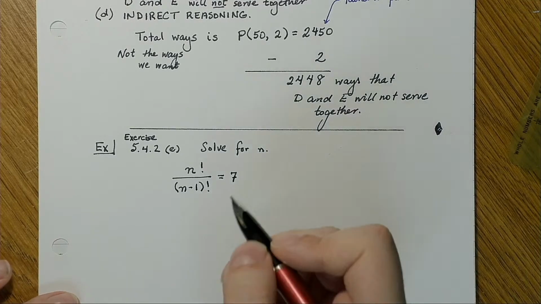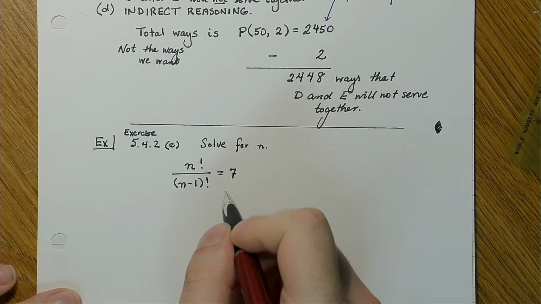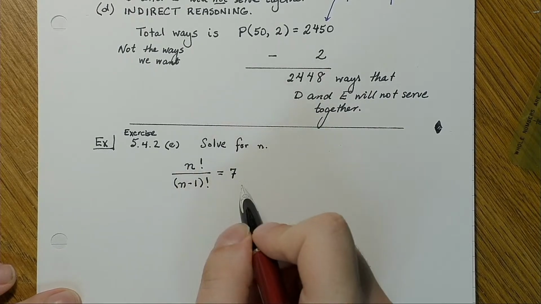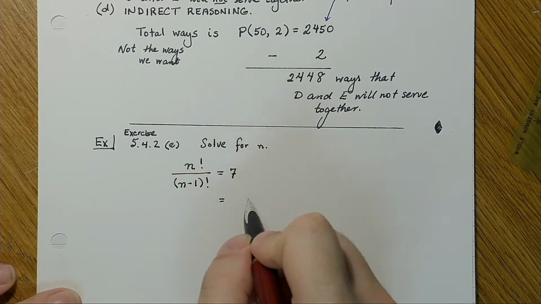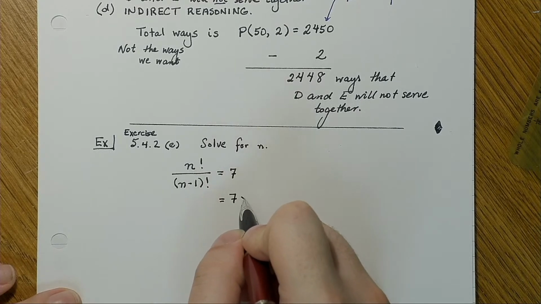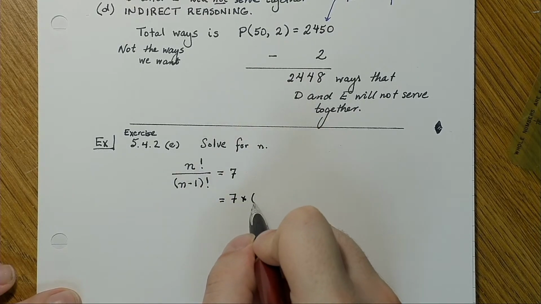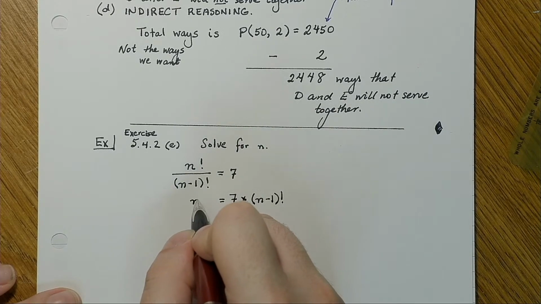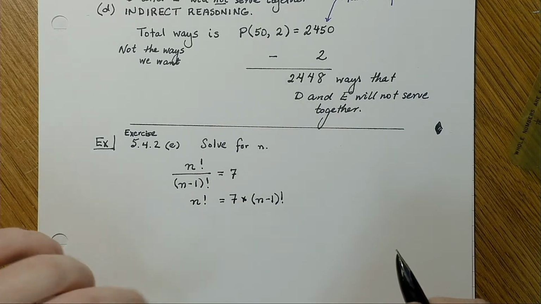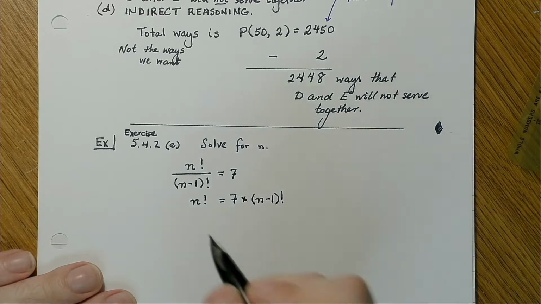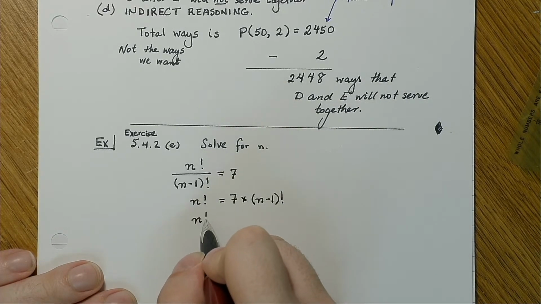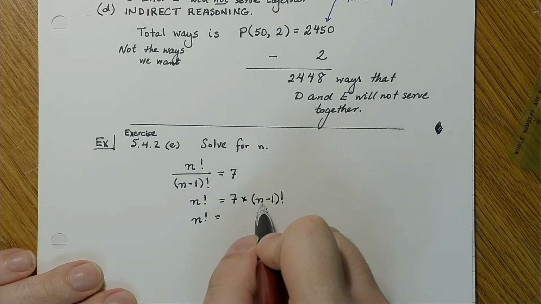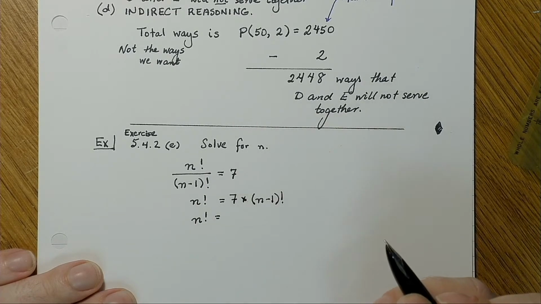So the way that we could solve this is I'm going to try to isolate for n. So let's do 7 times, and then I'm going to bring the n minus 1 over here. Factorial. Here's n. Well, here's n minus 1.